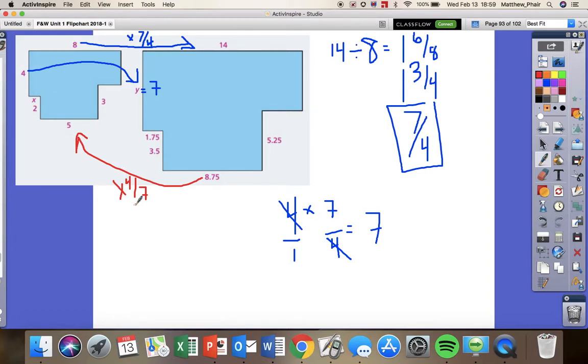Likewise, when I come down and I go from the big shape to the small shape, the reduction, it's times 4/7. And so I need to find the corresponding side, which is this guy right here. And here's where we have to figure out a little bit of relationship between decimals and fractions. And I know that 1 3/4, 7/4, is the same thing as 1.75.